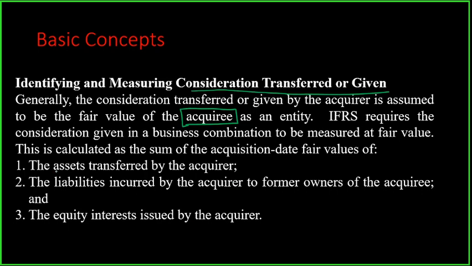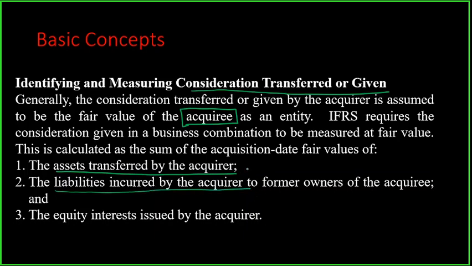Number one, the assets transferred by the acquirer. This includes your cash that was paid, or equipment or inventories, or real properties which were sacrificed in order to acquire the acquiree. Or liabilities that are incurred by the acquirer.